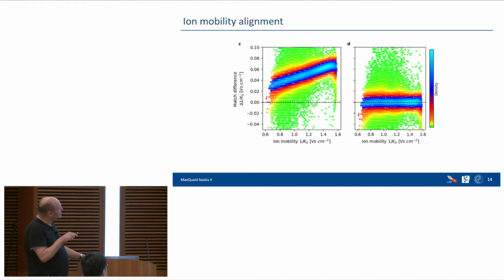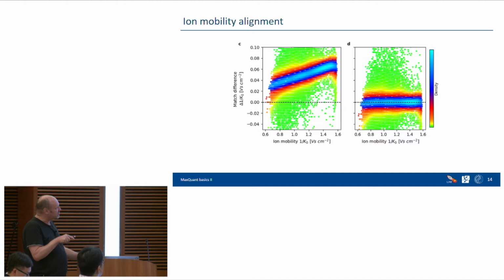But then if you look at the differences of this 1 over k0 within these matches between the two runs, you see that this also depends on the 1 over k0 or ion mobility itself.